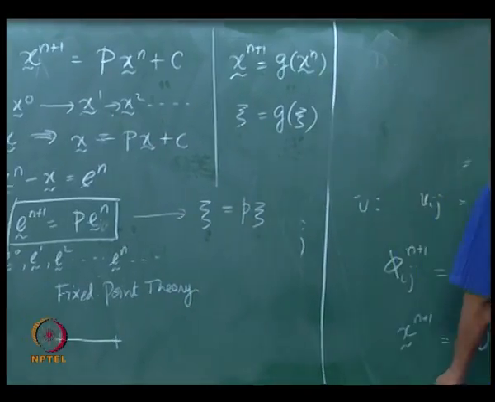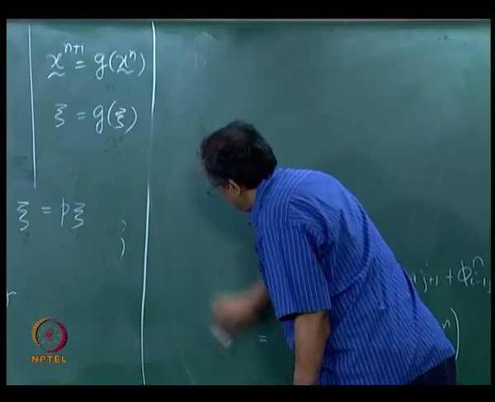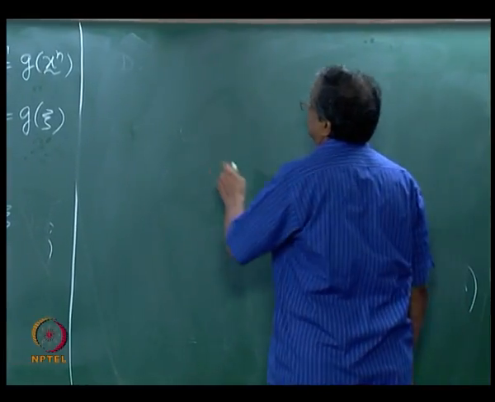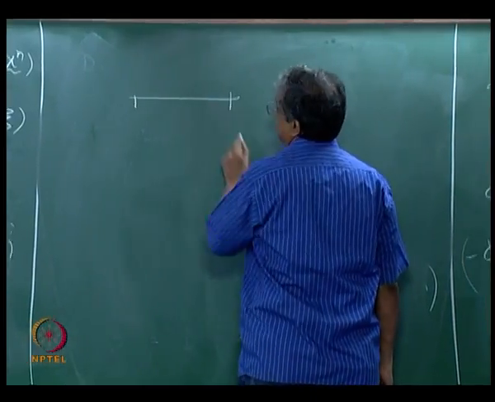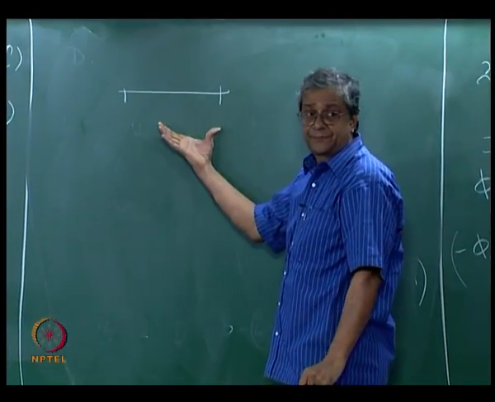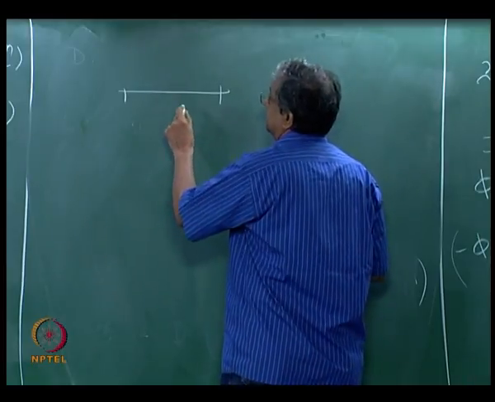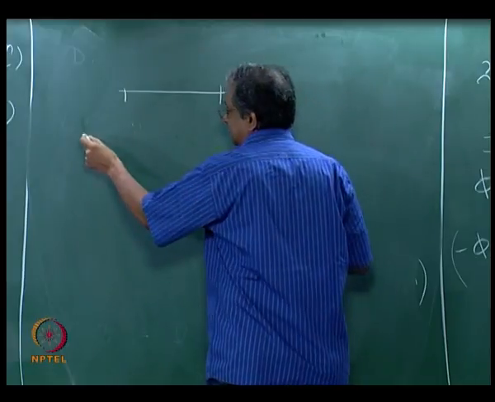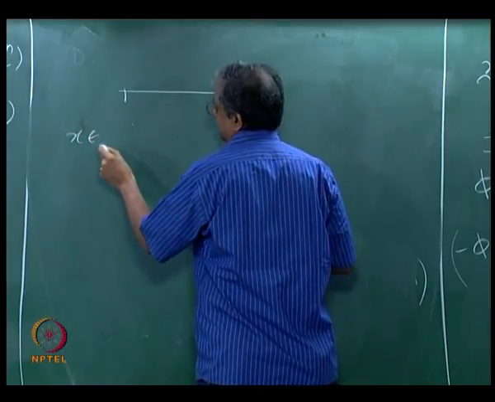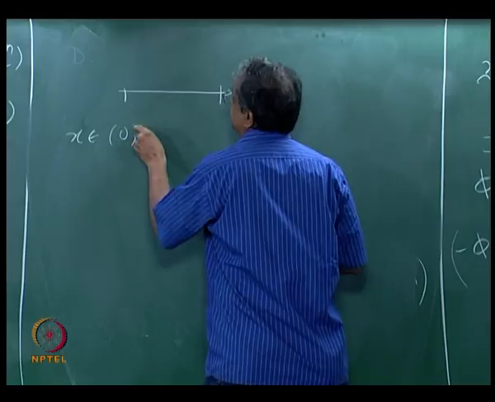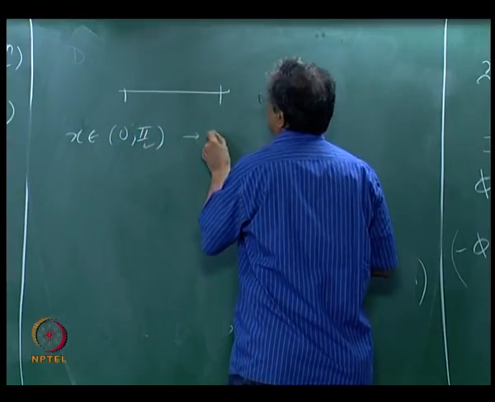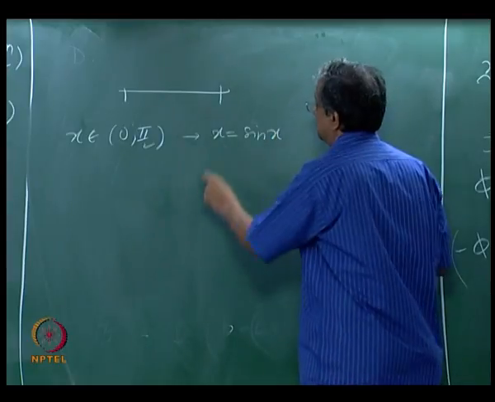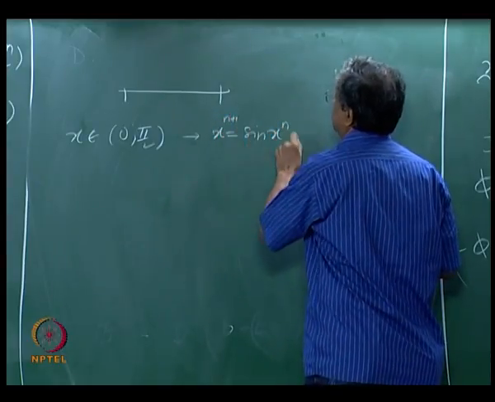So for G or P, for instance, say I have some interval on which G is defined. What G has to basically do is, let's take x constrained to 0 to pi by 2, and I am looking at x equals sine of x, x_{n+1} equals sine of x_n.